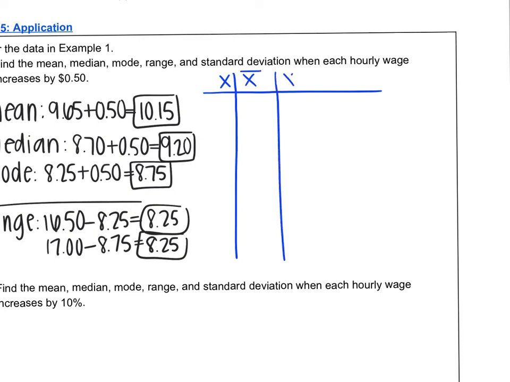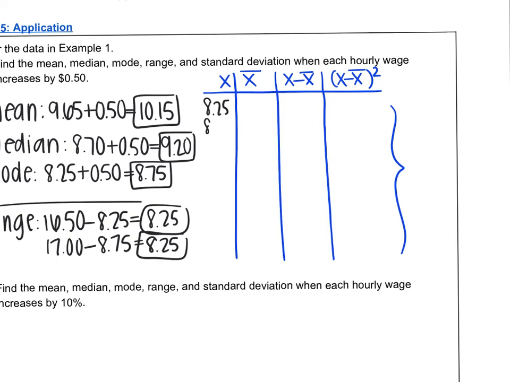After my mean, I'll do x minus the mean. And then I'll square that. And then I'll find the mean of those numbers. So let's list all of our values. I'm just going to list them in order because I have them in order. 8.25, 8.25, 8.45.